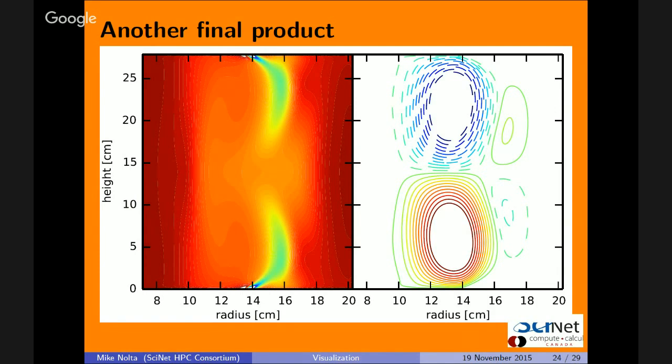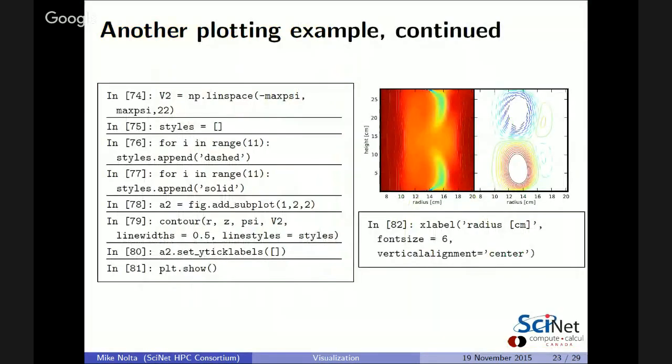Yeah. How do you decide which part is dashed, which part is solid? So that's here. Here's my array of tick values, the values of the Z data where I want a contour drawn. And then I made a styles array, and this is going to have the same length as my values array.